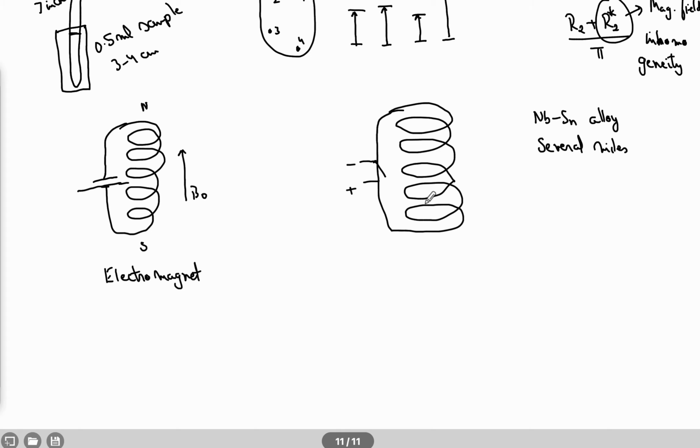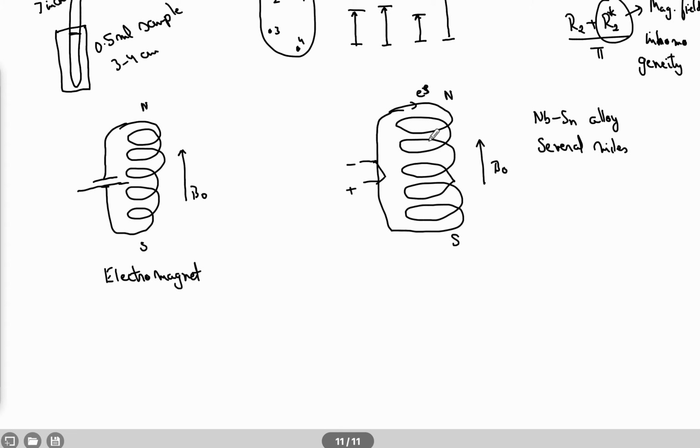So you supply negative and positive, and then you charge the magnet, and then you close the circuit, and then you remove the charge source. Because it is a superconducting coil, there would be very minimal resistance, so electrons will keep on circulating in this, generating a permanent magnetic field. As long as the electrons are circulating, there would be a B0, right?